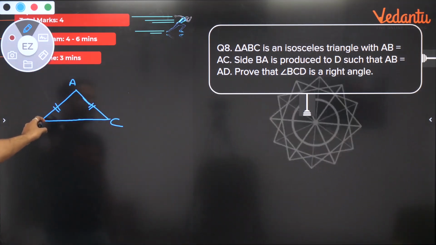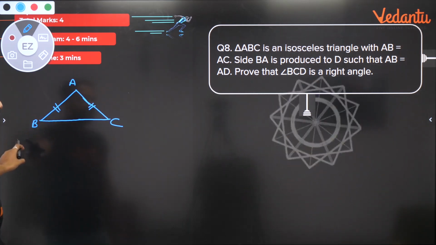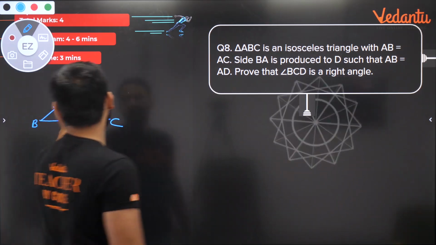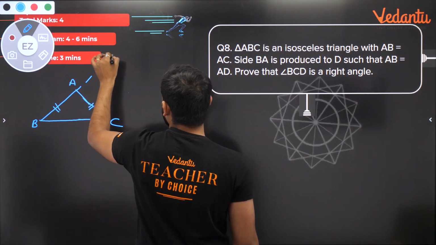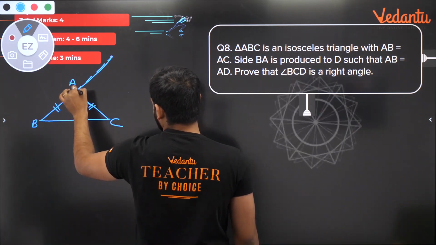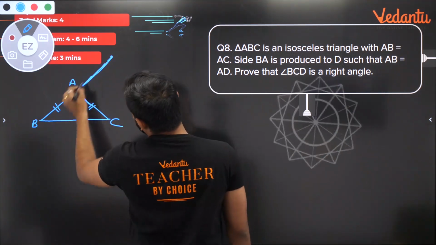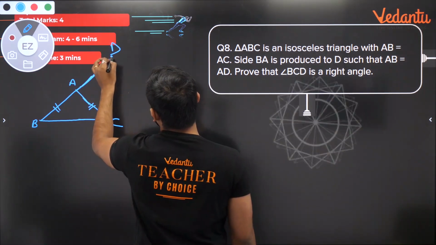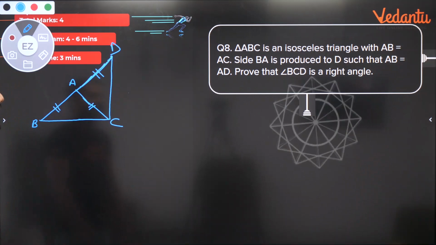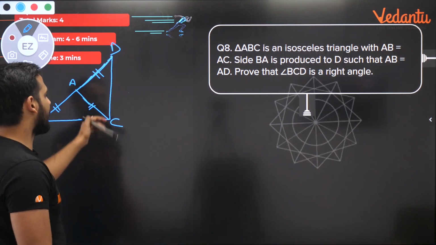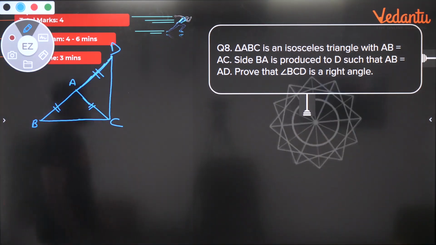Side AB is produced to D such that AB is equal to AD, so I will stretch it to a point D, such that AB is equal to AD. Prove that angle BCD is a right angle. This is what we need to prove, that this angle is a right angle.